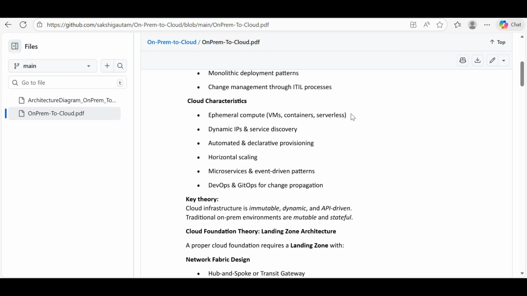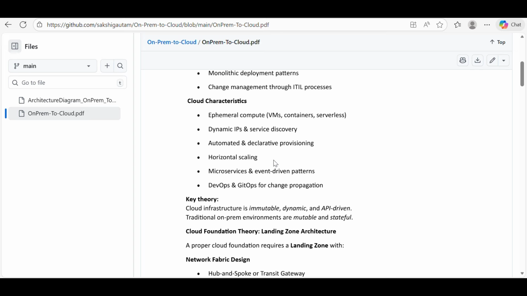Now when we look at cloud, we have ephemeral compute. We can use it till the time we need it, and if we don't want it, we can of course dump it. Dynamic IPs and service discovery. Automated and declarative provisioning. We can of course use IaC tools to do the provisioning.